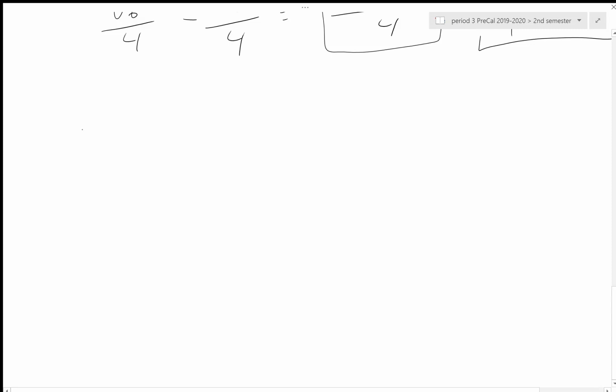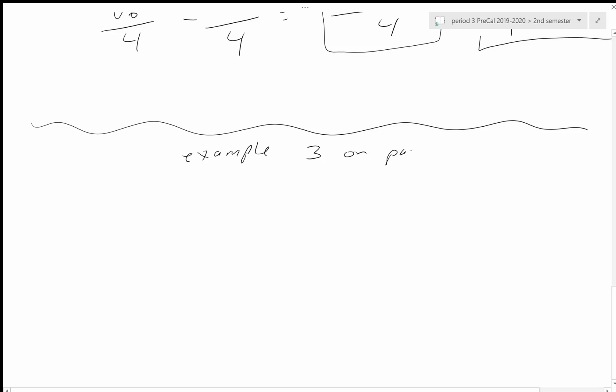Now here's a different one. It says find sine of u. This is going to be example 3 on page 375. I don't want to rewrite the whole thing because it's long.